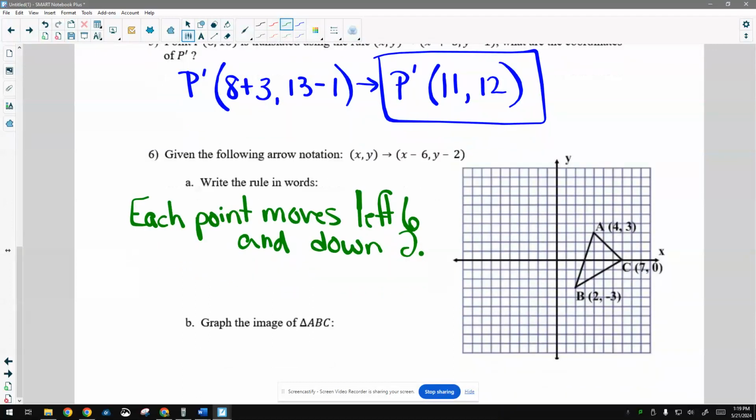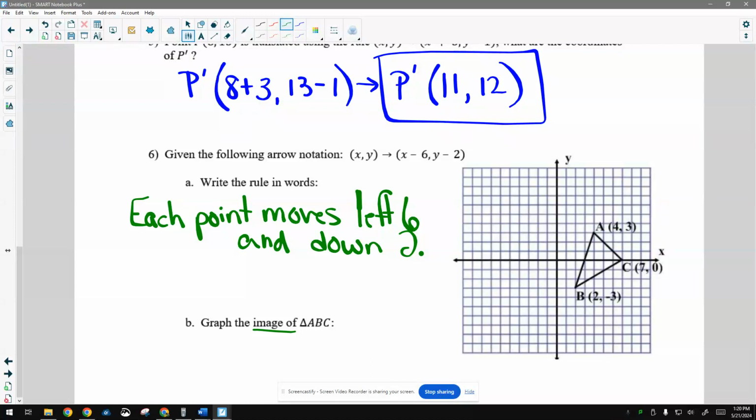Every point moves left 6 and down 2. And then we have to actually do that to, it says graph the image of triangle ABC. So we're going to take each point. It doesn't matter because you're given a graph if you move it or if you like to write out your points and do that. Either way.